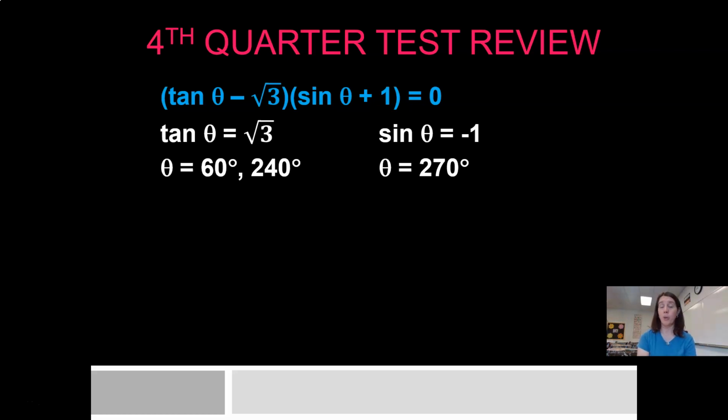Well, using that ordered pair of 0, -1 in my definition of y over x, that would make that fraction -1 over 0. Can I have a 0 in the denominator? Absolutely not. So this answer of 270 is not allowed to be included because it would make the tangent undefined.